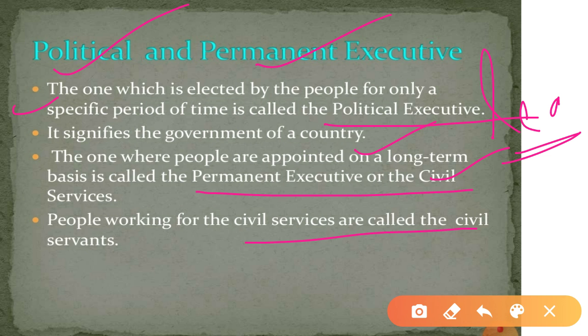So they work permanently, meaning they can work around 30 years, or until the age of 60, in the government. That's why they are called permanent executives. These permanent executives help the political executives in taking decisions. There are three civil services in India: IPS, Indian Police Service; IAS, Indian Administrative Service; and IFS, Indian Foreign Service.